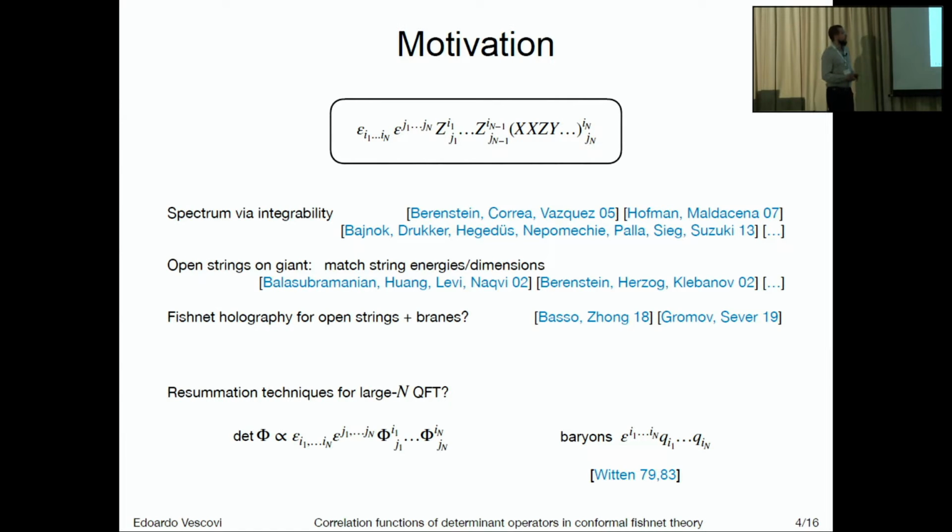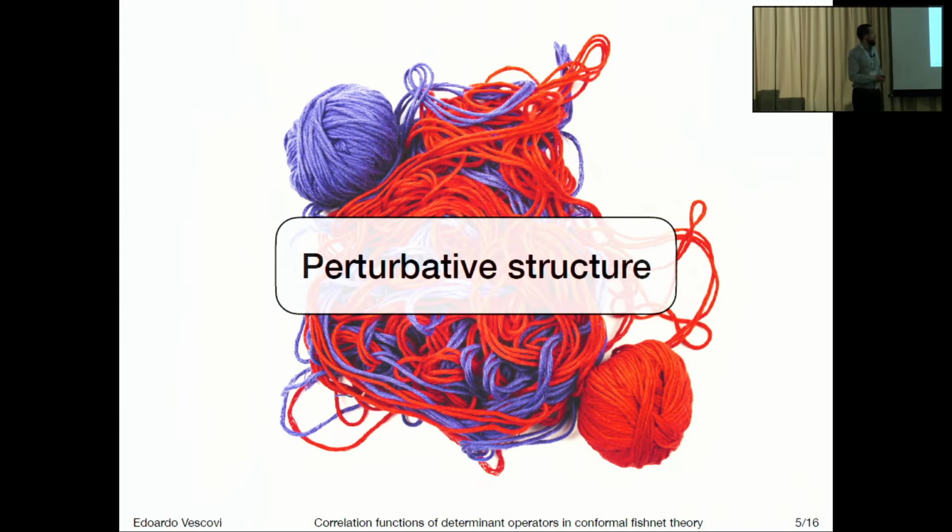Now, I want to start to tell you exactly what we have accomplished. So in the first part, I want to ask some general questions about the perturbative structures of these correlators. Because if I told you that we had so many techniques coming from N=4, both in gauge theory and in string theory, now the question is, what are the additional challenges that Fishnets pose to the study of these operators?